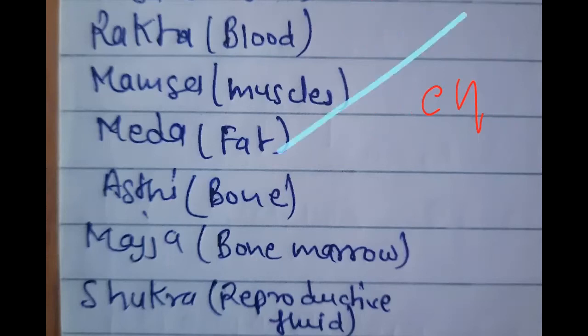Annamaya kosha means your body is made of food. An means food.